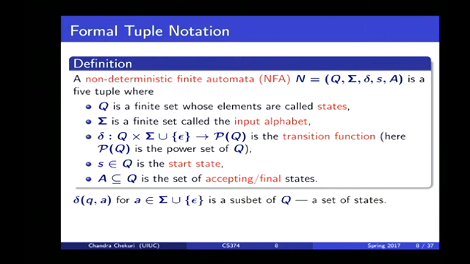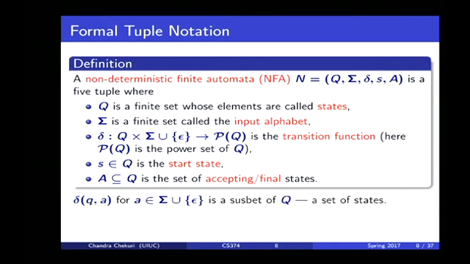So it's a set of states, not one state. The function is from Q times sigma union epsilon to the power set of Q. Why? Because the output of this function is not one state, but a set of states. Okay, let's see an example.